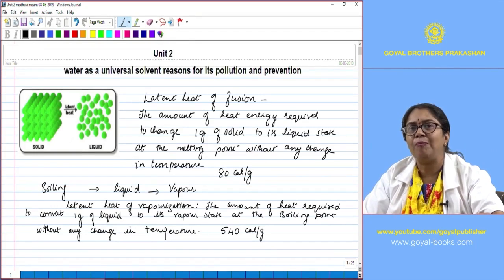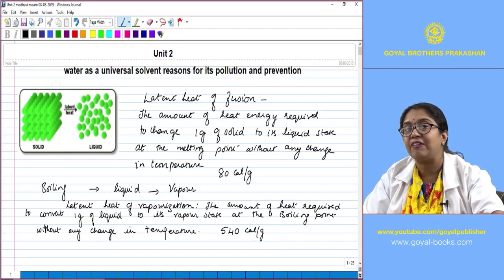So when we make idlis, doklas, when we want to steam the vegetables, we steam the vegetables, we steam the idlis, we steam the doklas. This is because, children, the latent heat of vaporization of steam is very, very high, and the energy stored in steam is very, very high, and this heat energy can help in cooking the food faster.